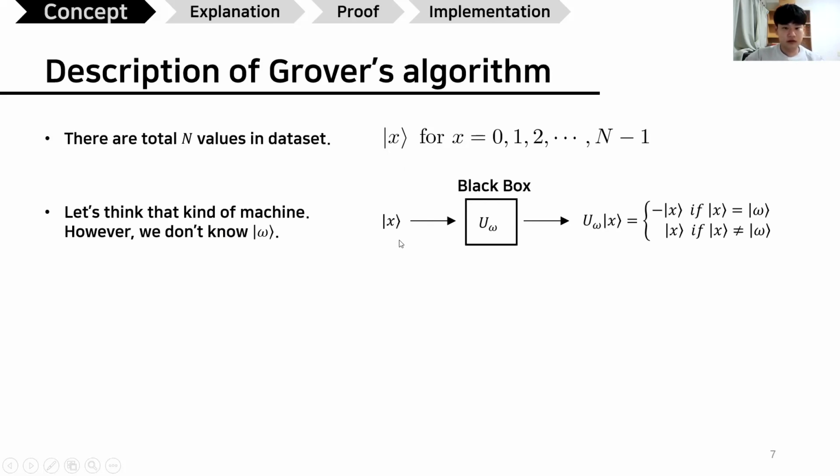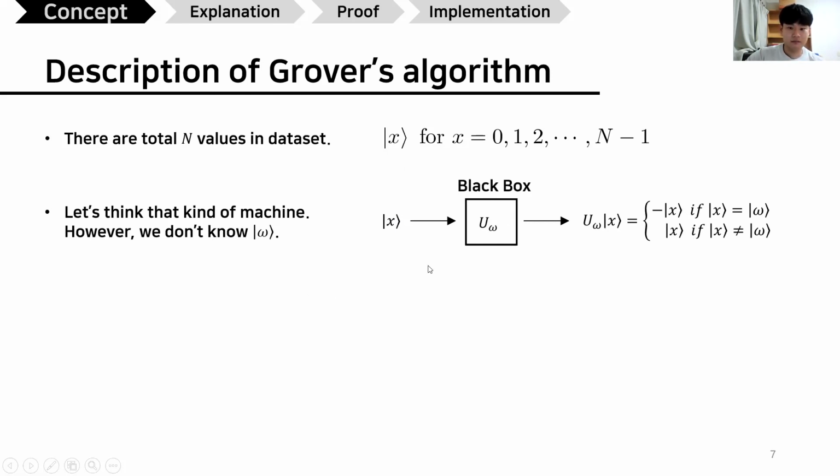If you input the state |x> into a black box, the function U_omega, if x is equal to omega, there is a minus sign. However, if x is not equal to omega, there's no minus sign. However, we don't know the specific value of omega, so we have to find it.